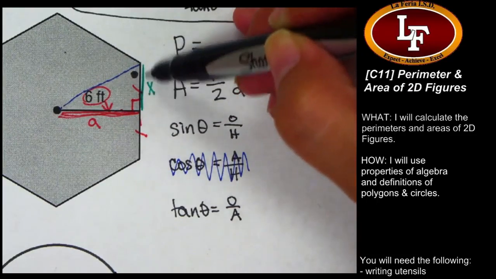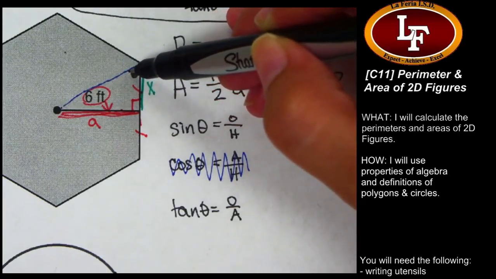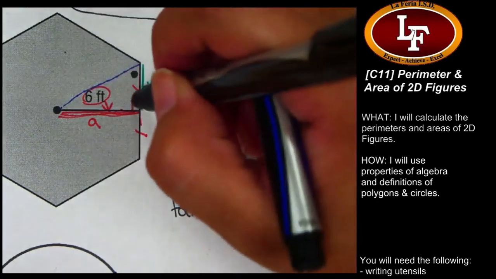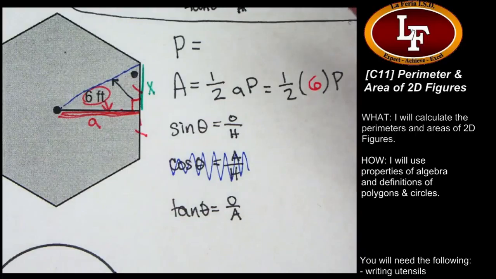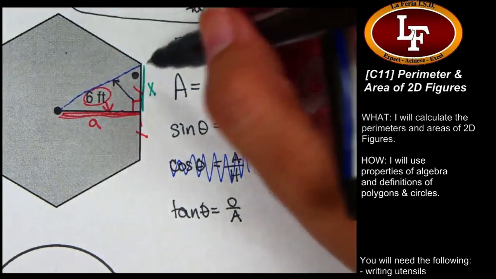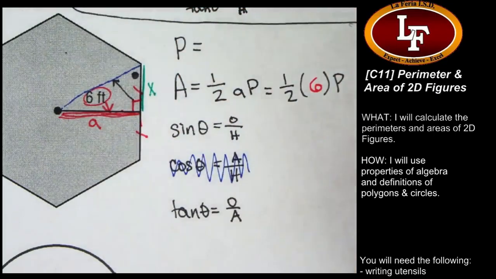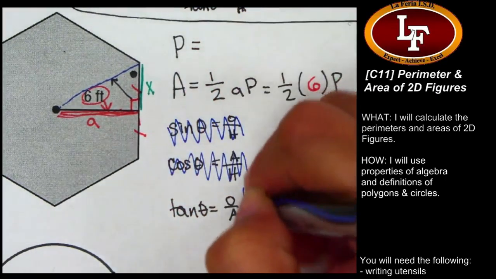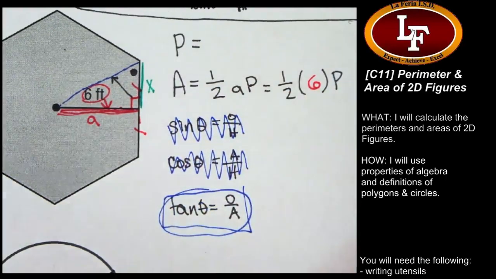Notice how I picked this one as next to and not this one, even though yes, I know that this side is next to the angle. But this side is reserved as the hypotenuse because it's directly across the 90-degree angle. So this is the hypotenuse, which I don't have information on, which means I can't use sine. So this one requires use of the tangent function.